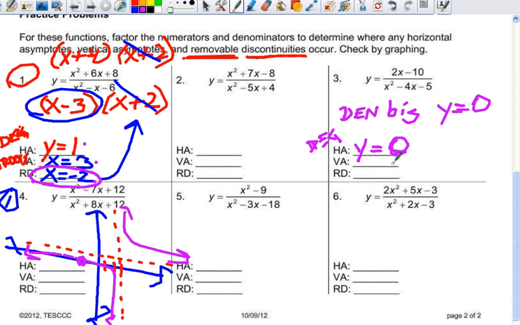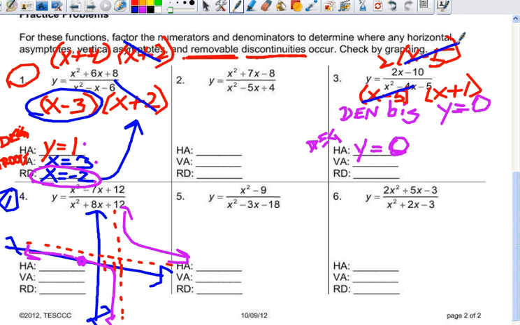Now, for our vertical asymptote, we've got to factor it. So the numerator factored is 2 times x minus 5, and the denominator factored is x minus 5 times x plus 1. Everybody okay with that? Does anything cancel? x minus 5 cancels out.